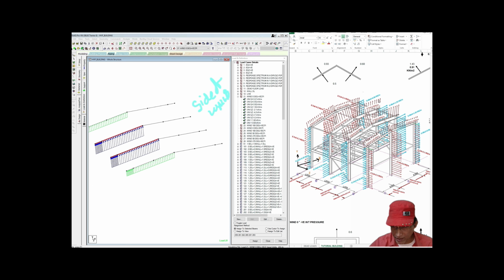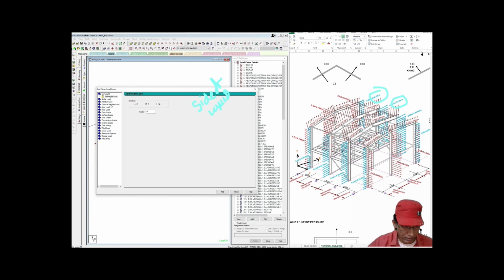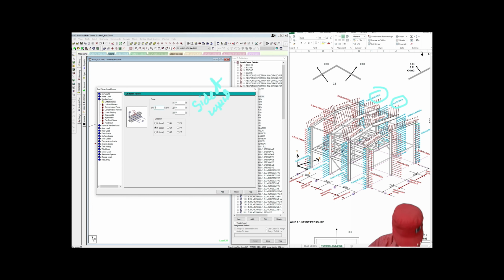We have 0.96 and 1.92. Let us add this load again in local Y direction. 0.96. Add. 1.92.